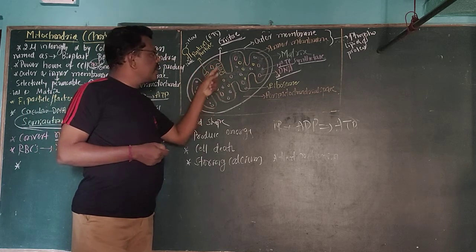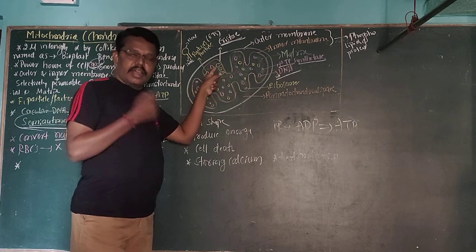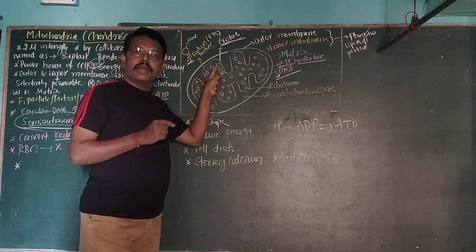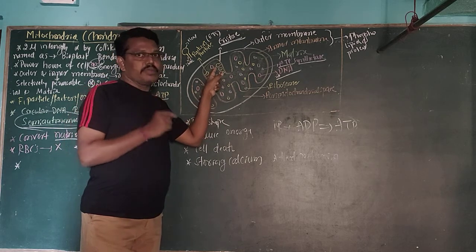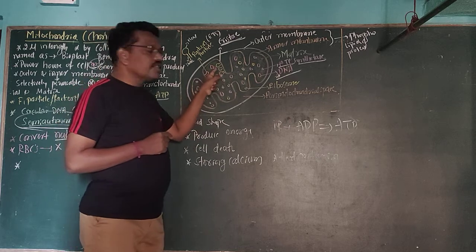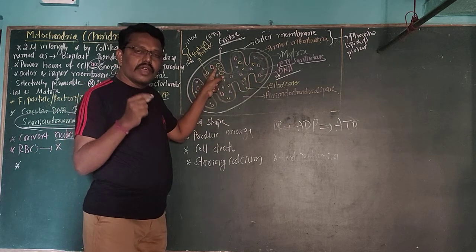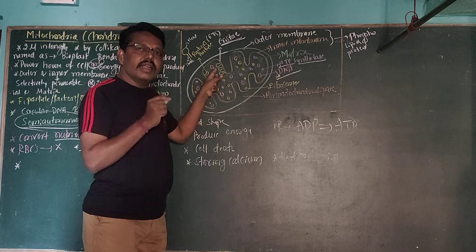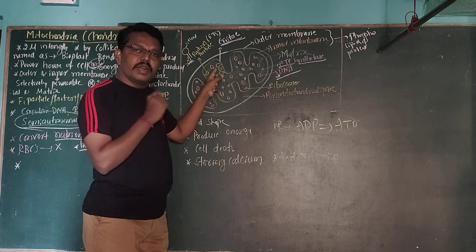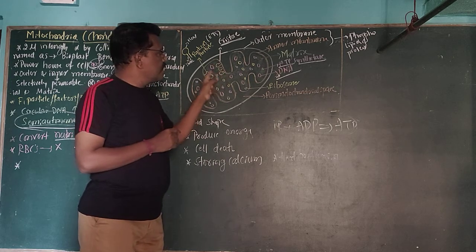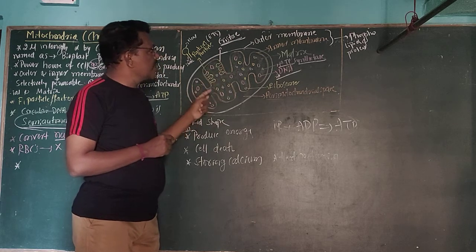Within the cristae we see F1 particles, which we can call oxysomes. That one is a very important question. In these oxysomes we get the ATP, because the electron transport system is done only within the cristae.